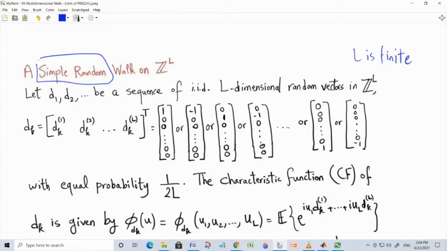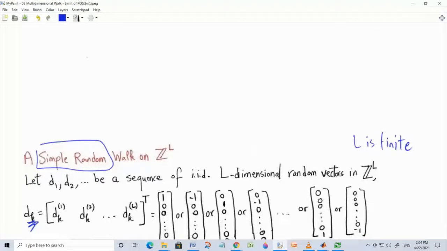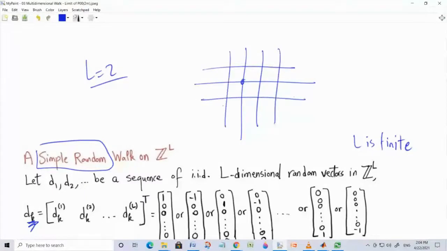So what is the story now? Now your steps are vectors, and the possibilities are 2L possibilities. In 2 dimensions, if L is equal to 2, this is the grid, and suppose that you are in (i, j).